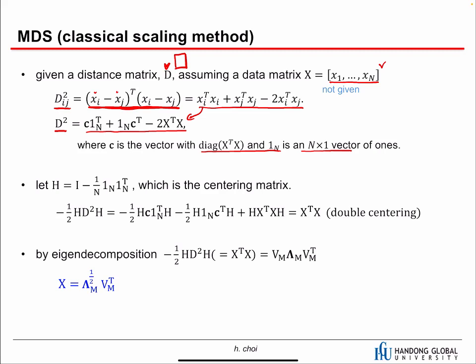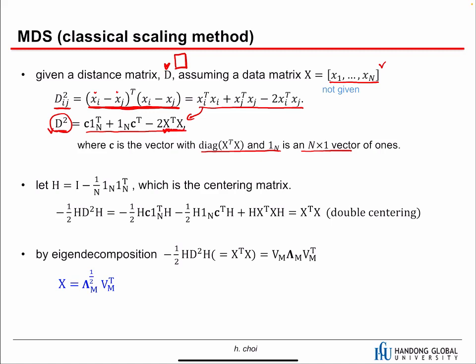It's a simple vector. So we have d squared, and we have the inner product here. This is the important thing: we have a distance matrix and the inner product matrix. We're going to talk about this one later.